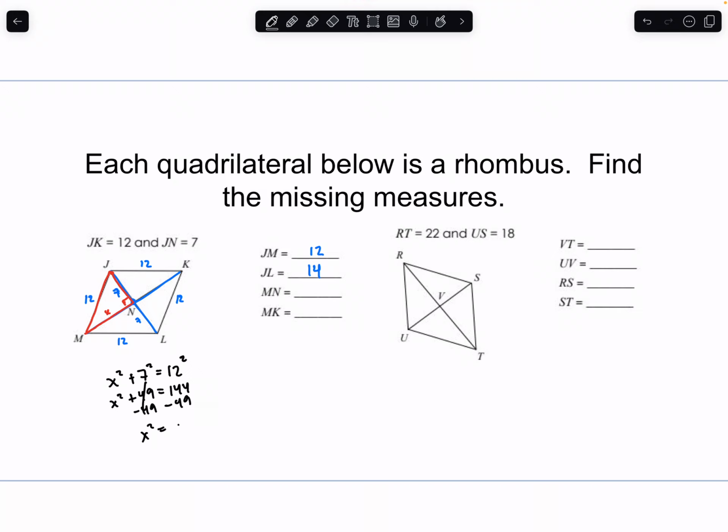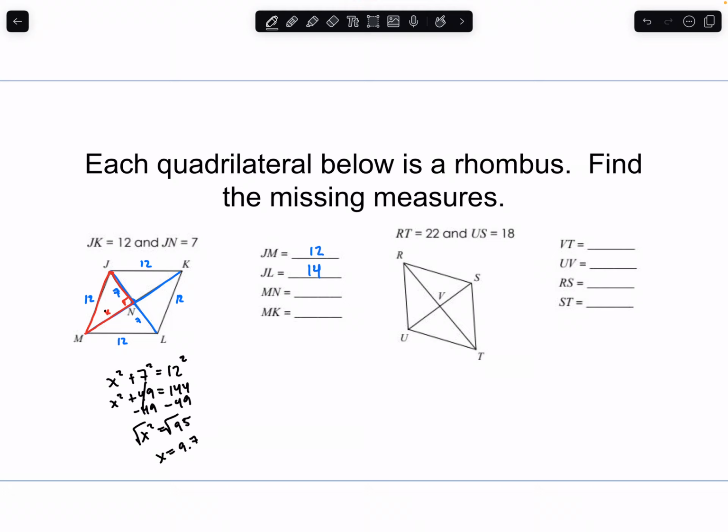That's 95. Square root both sides. X equals 9.75. We'll just do 9.8 for now, for rounding purposes. Or sorry, 9.7 if I'm rounding to the nearest tenth.